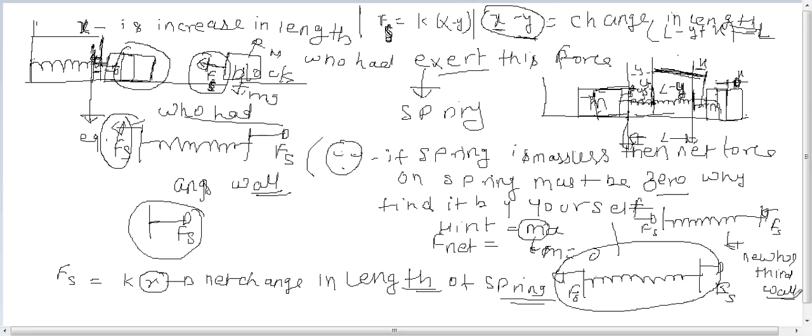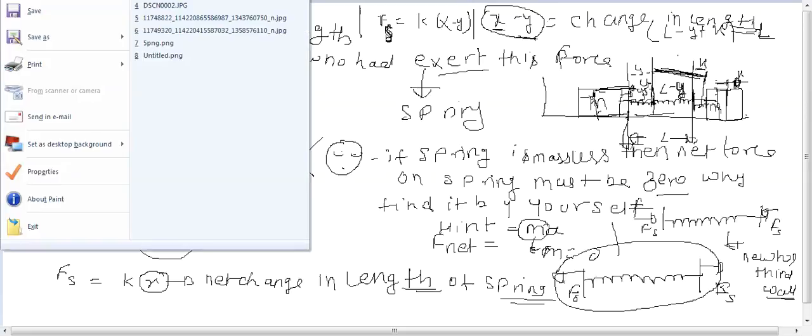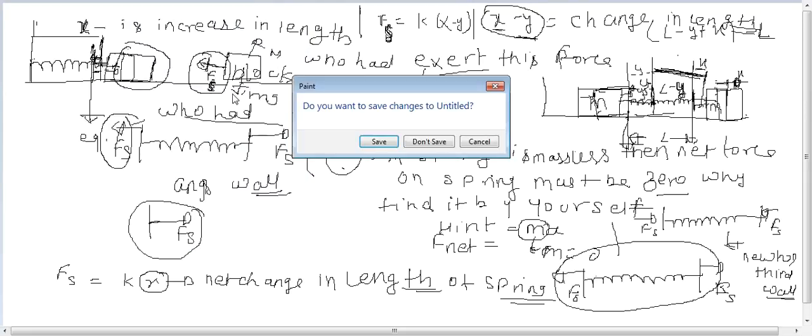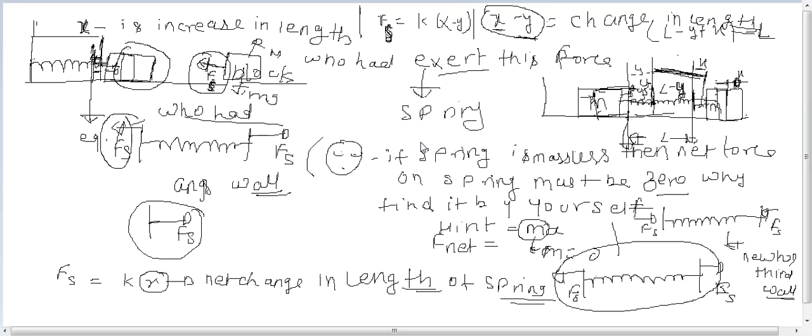For example, let me erase this and find a new page. Let's see a new situation.